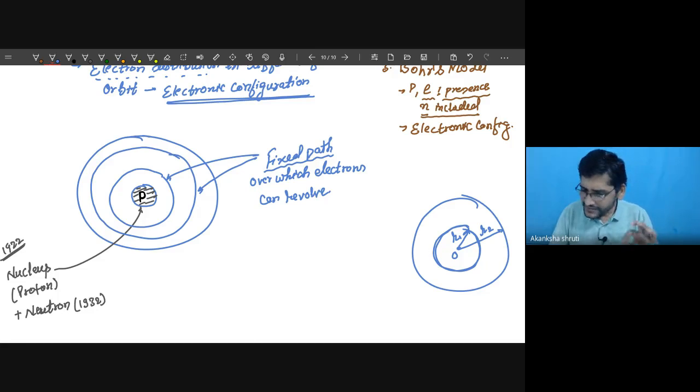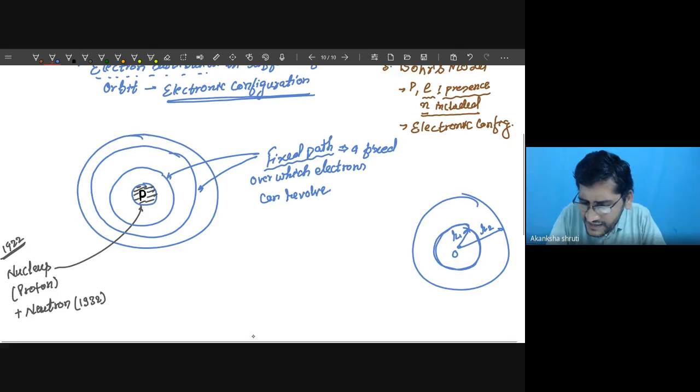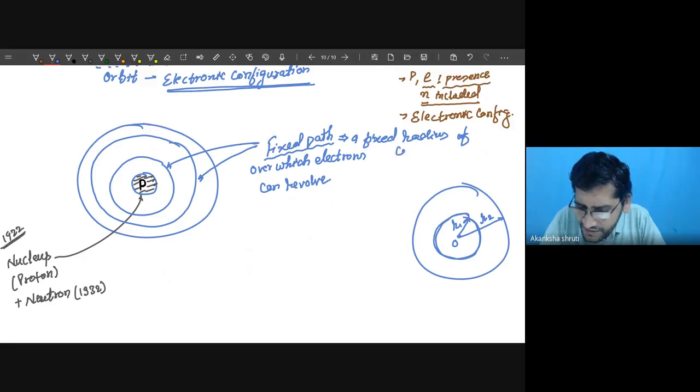So he suggested that these paths are fixed, meaning they have a fixed radius from the center, the nucleus, on which the electrons can revolve. So a fixed path means a fixed or constant radius of a circular orbit, of a circular path.